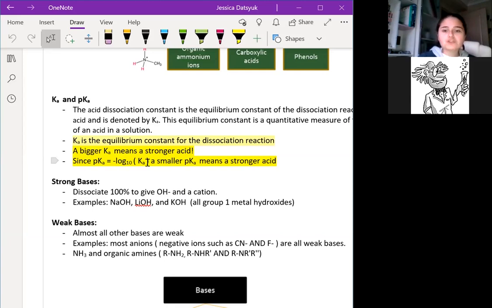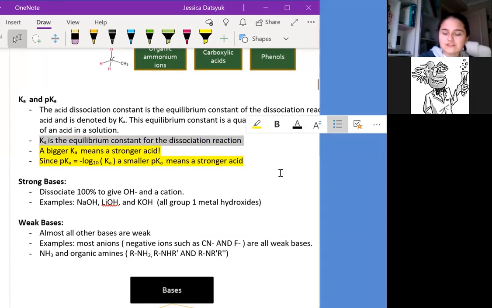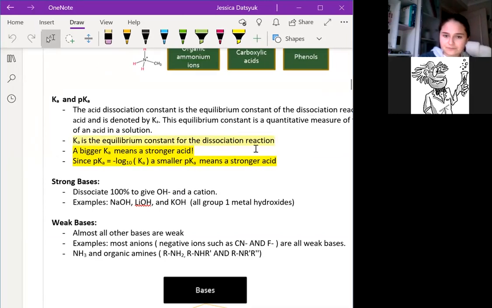So what we're trying to work out here is, as you can see written in yellow right here, Ka is the equilibrium constant for the dissociation reaction. Here's a bit of background. You know how some reactions go to completion.